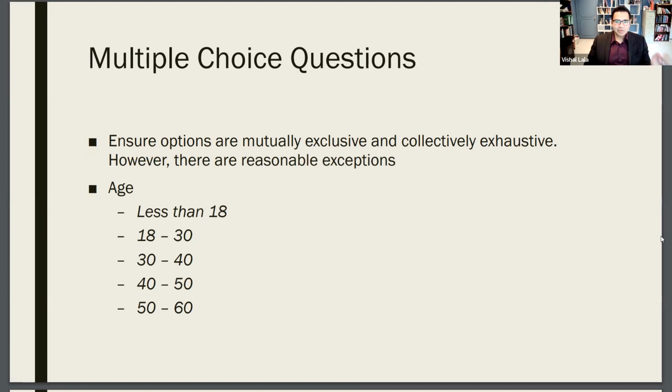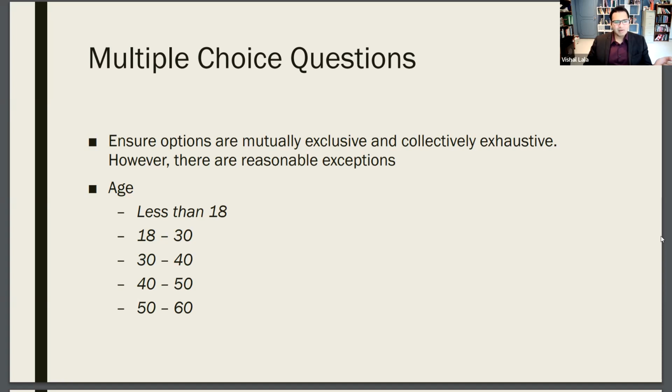When you're asking multiple choice questions, there are some simple things to bear in mind. You want to make sure that the options are mutually exclusive and collectively exhaustive. There are some exceptions I can think of, but generally speaking, a question like this for age with response categories is one where clearly the researcher didn't think this through. Less than 18, 18 to 30, 30 to 40, and so on.